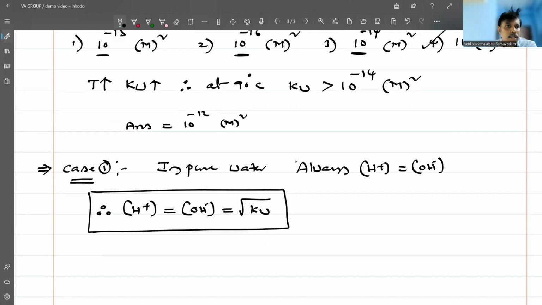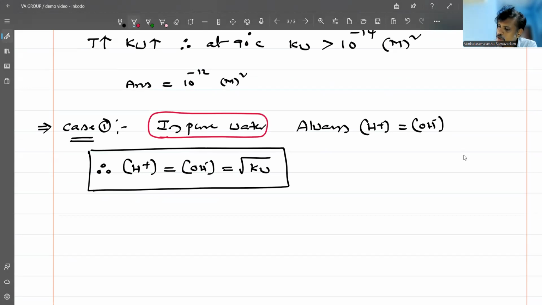What here we have to consider is whether the condition is pure water or not. In pure water, always H plus ions concentration is equal to OH minus ions concentration.